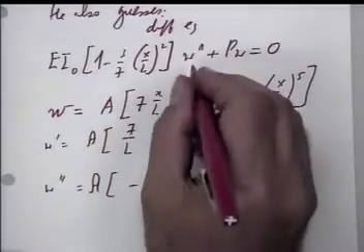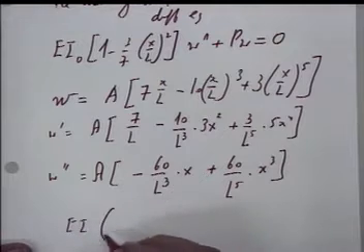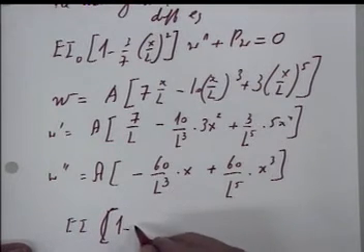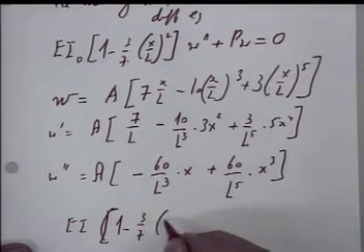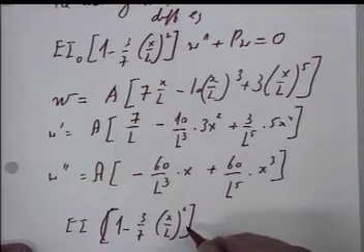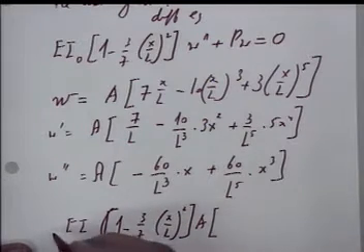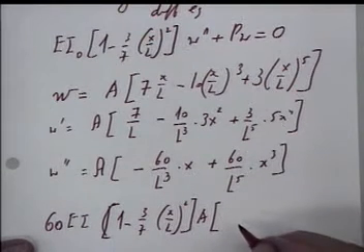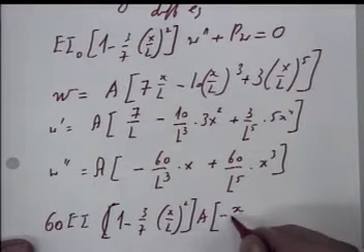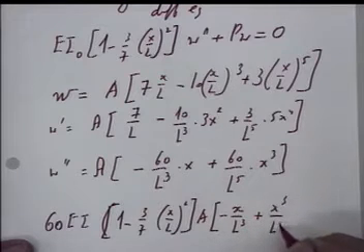So we substitute this there. So we get EI times 1 minus 3/7 x over L square, second derivative, so it will be A. 60 can be taken out. Yes, 60 will be minus x over L cubed plus x cubed over L to the fifth power.